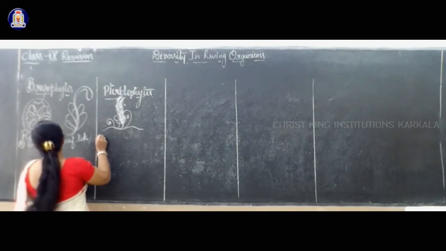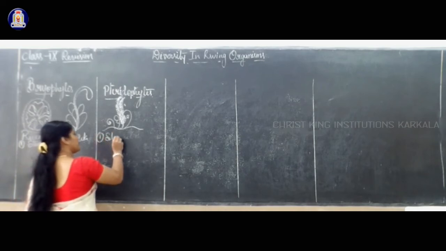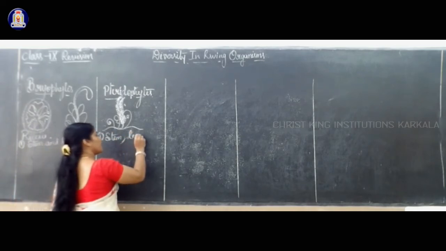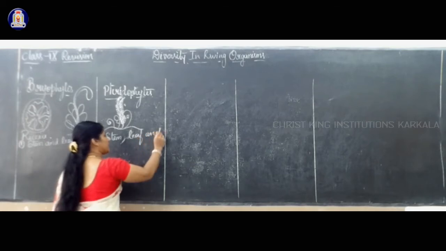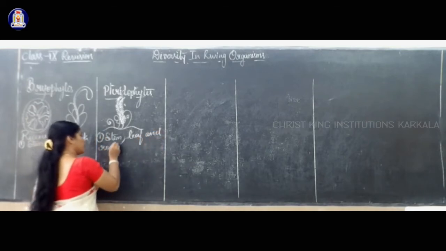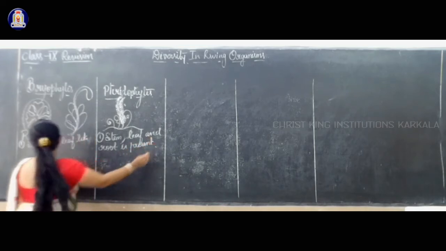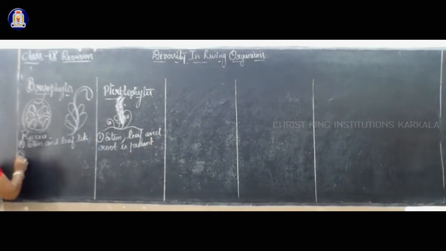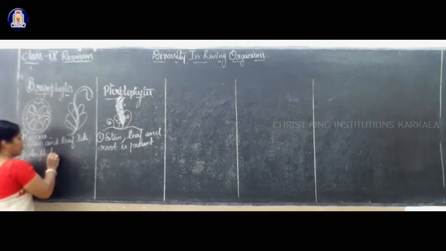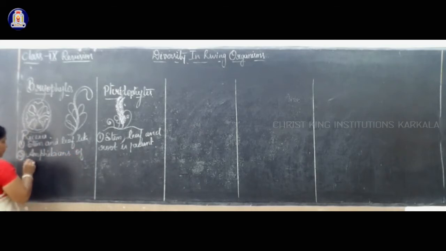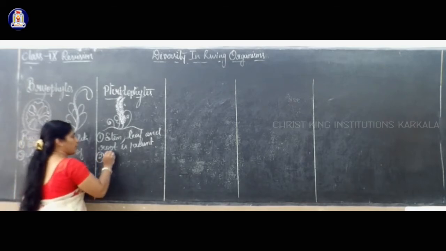Here in pteridophytes, stem, leaf and root are present. Second point, bryophytes are commonly called amphibians of the plant kingdom. These are commonly called ferns.